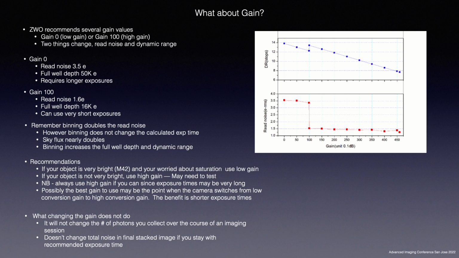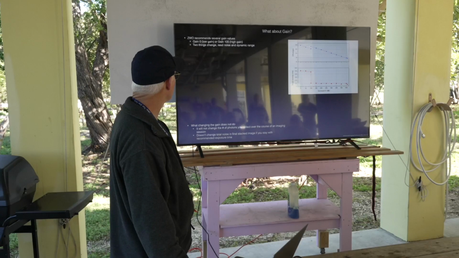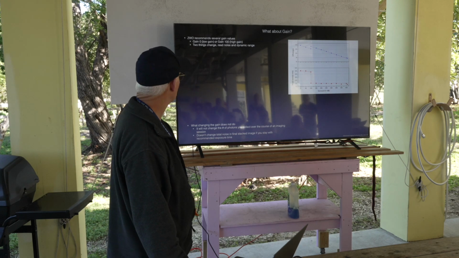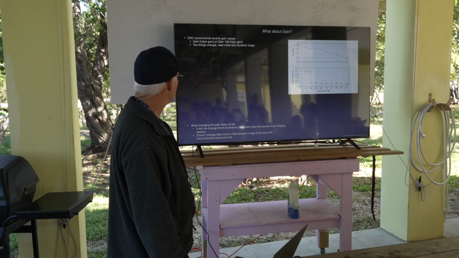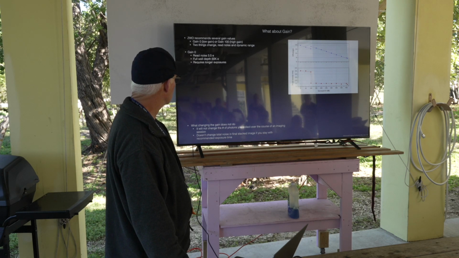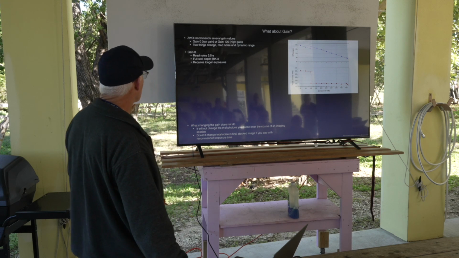At gain 100, you'd have to take like a 5-second exposure. So in that case, you might use a lower gain to get those exposures, then use higher gain to get the really faint stuff, and mix them together when you process. So ZWO has several gain values which are different than the QHY cameras.